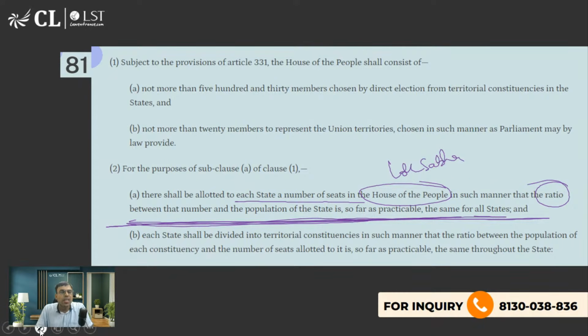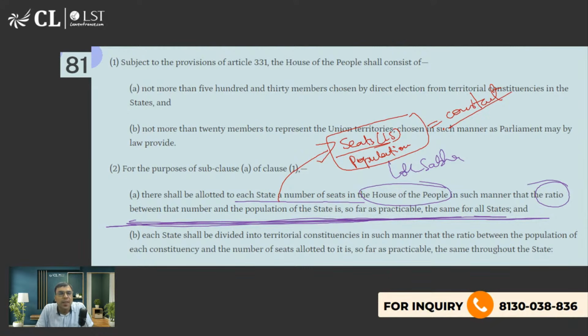We have to ensure that allocation of seats is done in such a way that the ratio of seats in Lok Sabha divided by population remains constant throughout all the states.